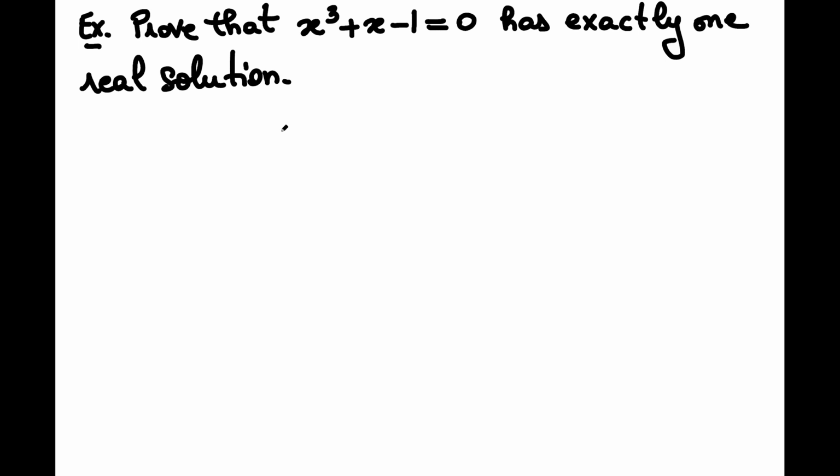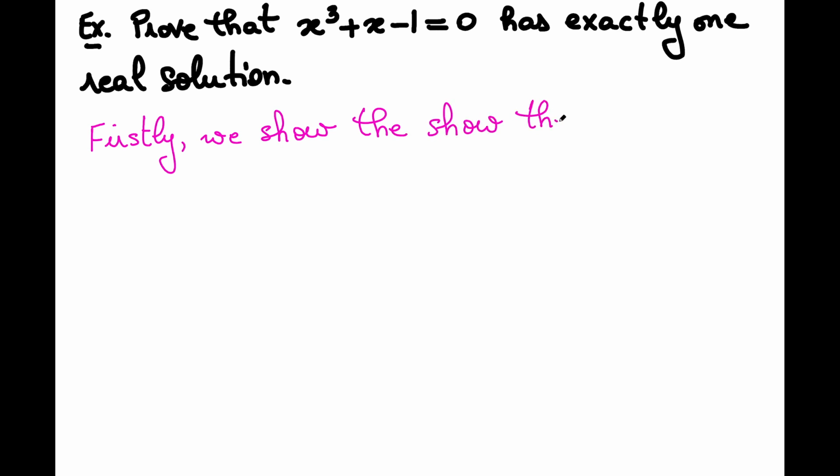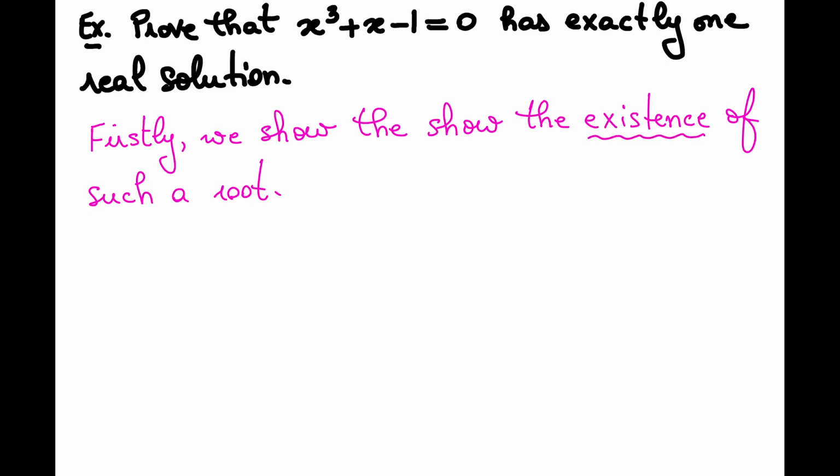Step 1, first, we show the existence of such a root. And then as a next step, we talk about the uniqueness of that root.